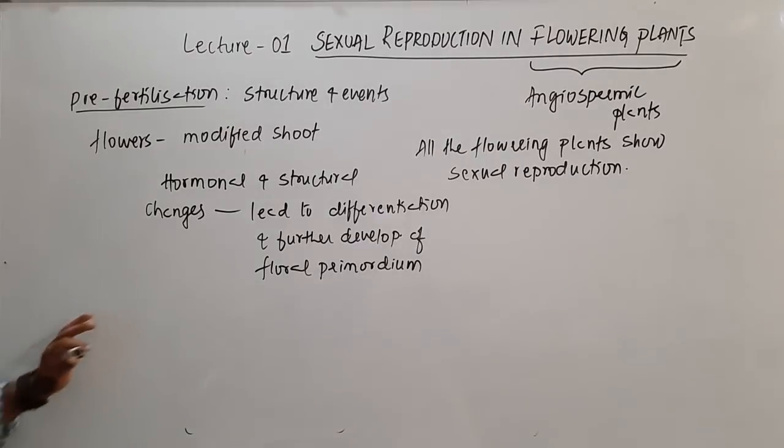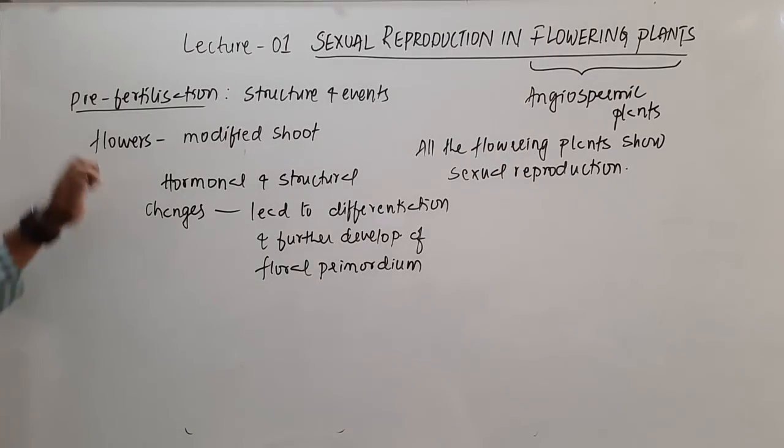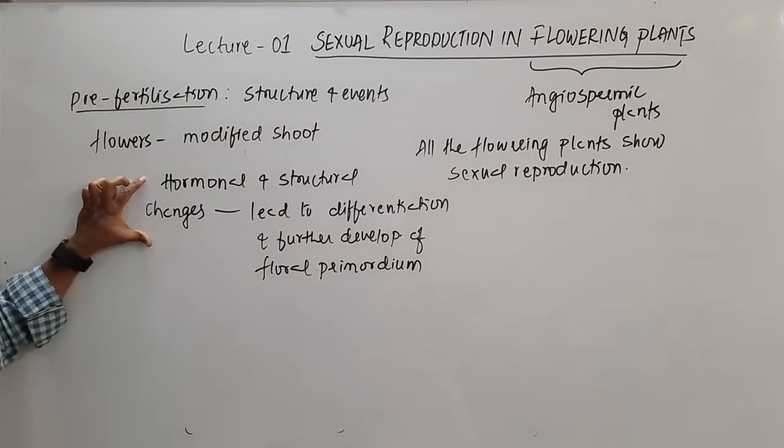So when the plant requires to produce these flowers, these hormonal and structural changes help the shoot to get modified and produce the flowers.